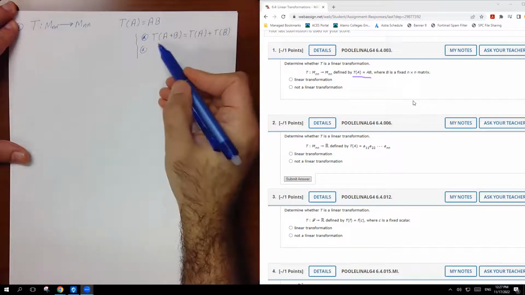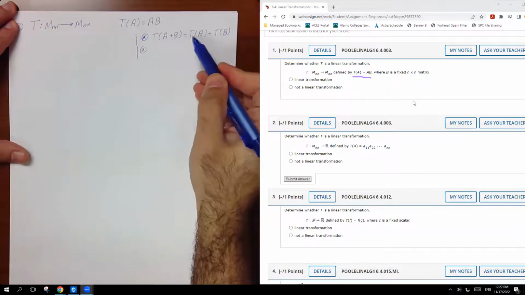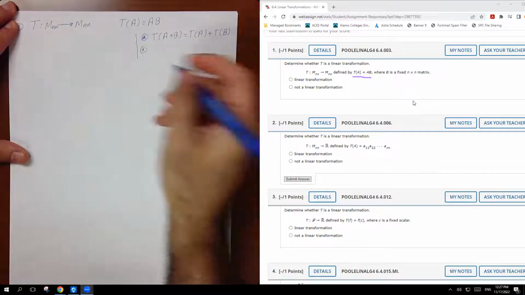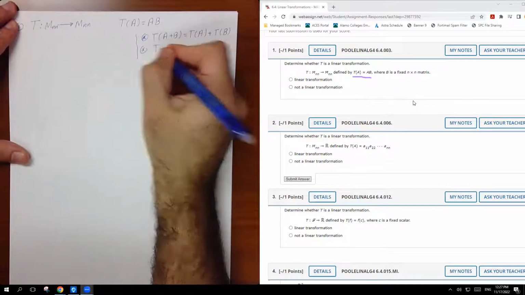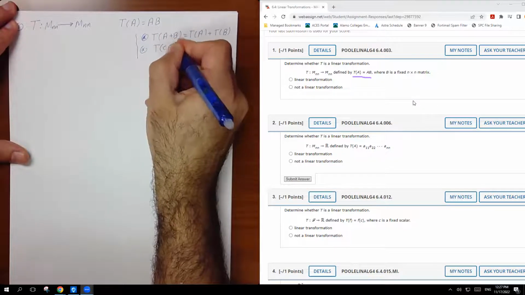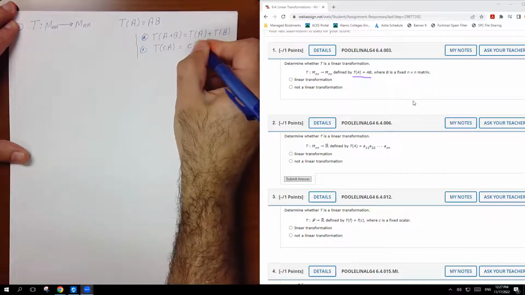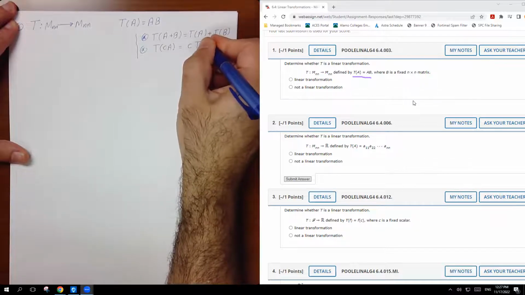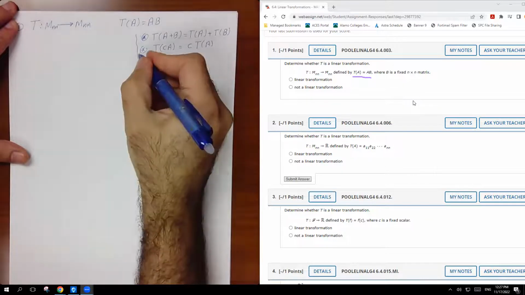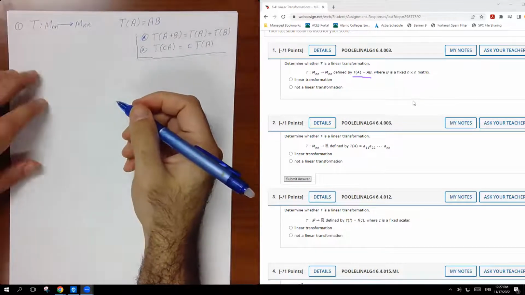That means the transformation of the addition of these two matrices is the same thing as the transformation for the matrix A plus the transformation for the matrix B. The second condition: the transformation of the scalar times the matrix A equals the scalar times the transformation of the matrix A. If you prove these two conditions, that means T is a linear transformation.